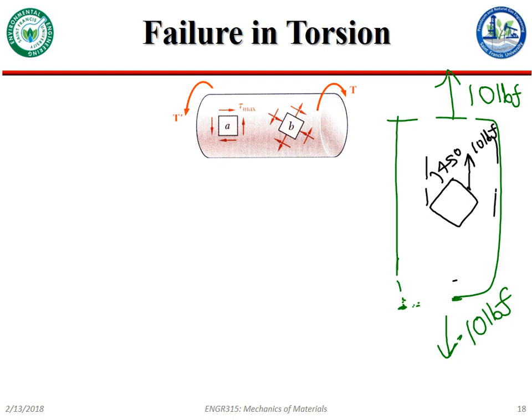Because I can decompose that 10-pound vector into two other vectors that are respectively perpendicular and parallel to the face of that stress cube. We've done all that in homeworks, so I'm not going to rehash it here. And from here we get different shear stresses and normal stresses than if we had a normally oriented stress cube.